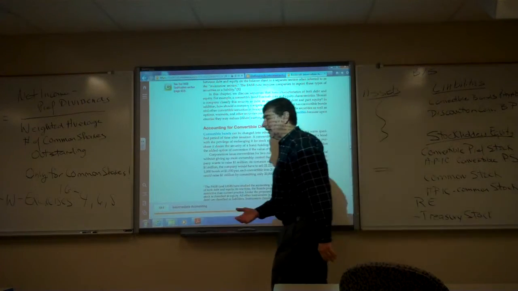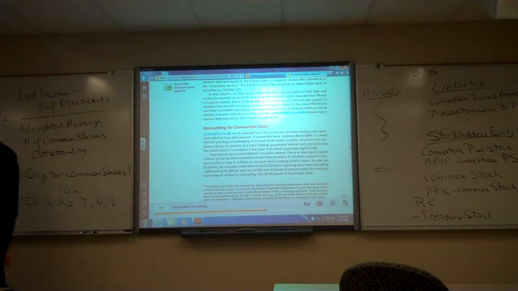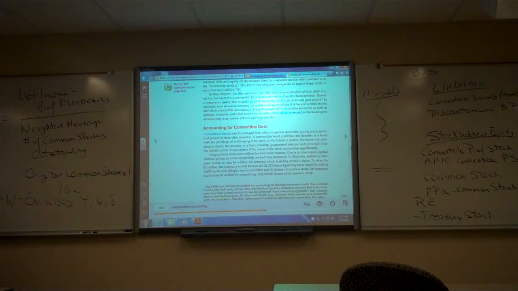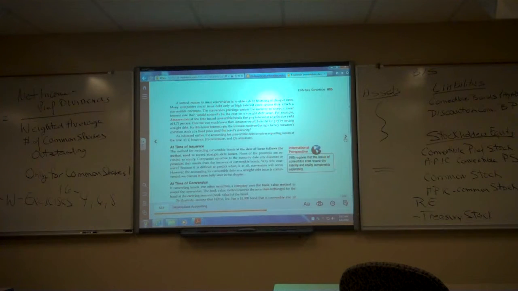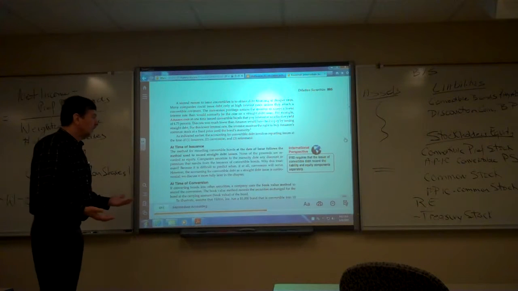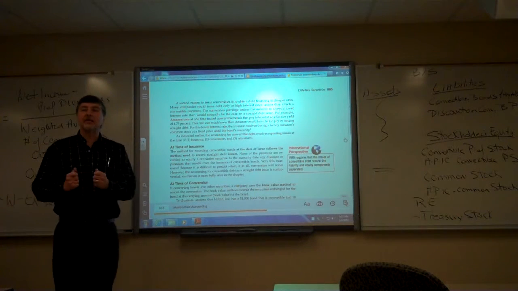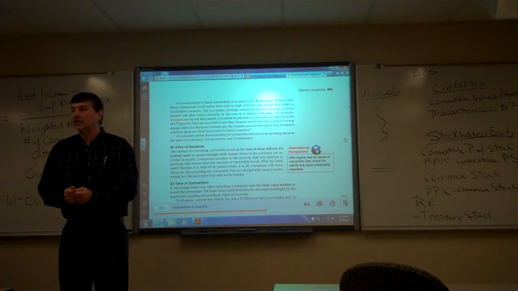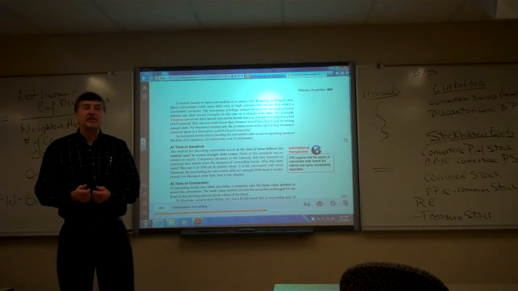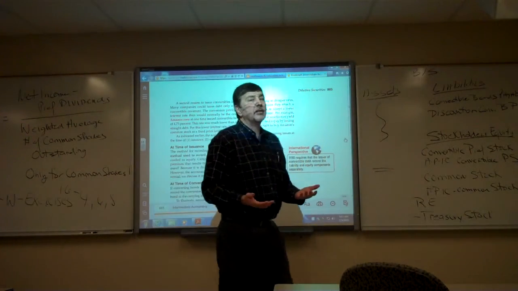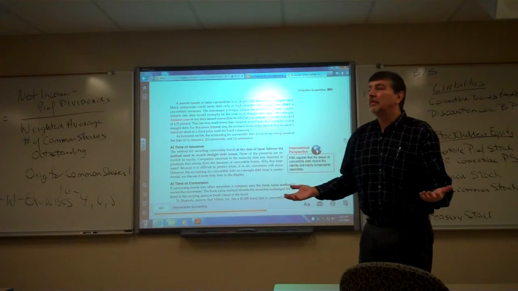But convertible debt is issued because you can do it for lower interest rates and you're not going to dilute your control as quickly. The only thing you have to remember about issuing convertible bonds is that you issue them just like they're regular bonds.